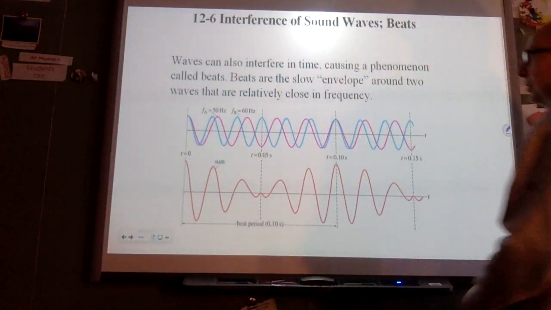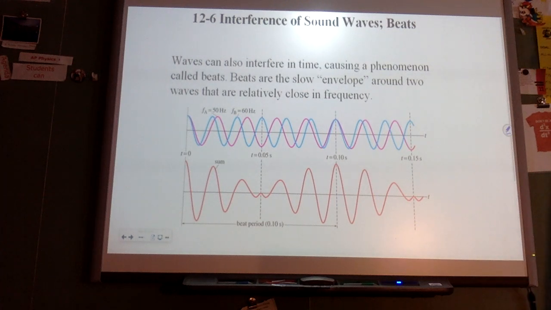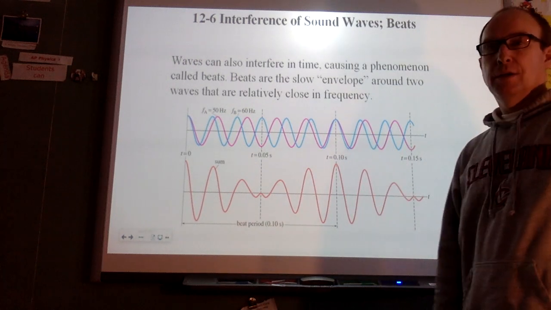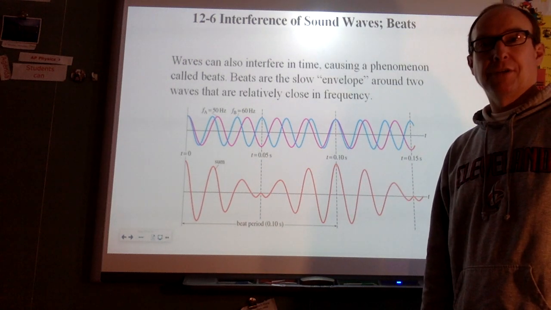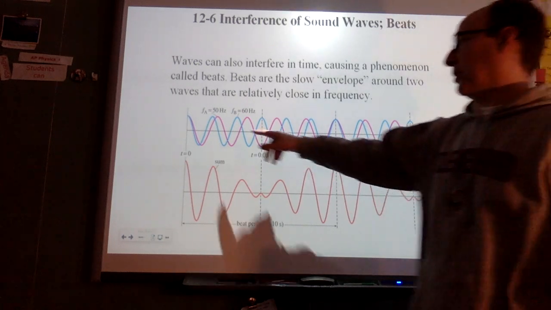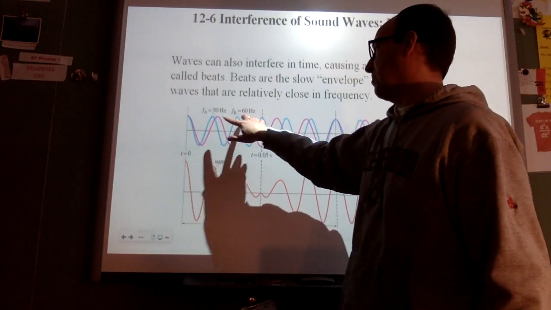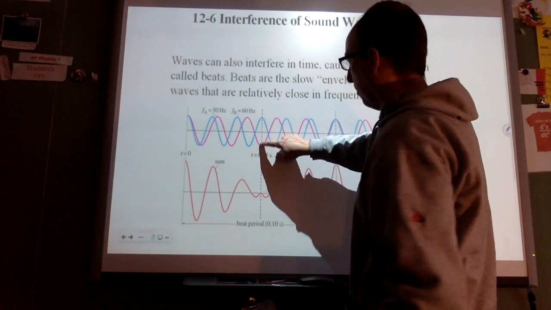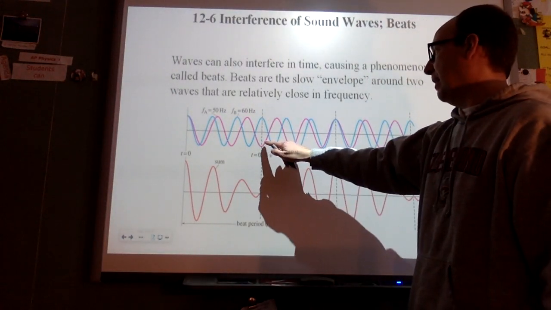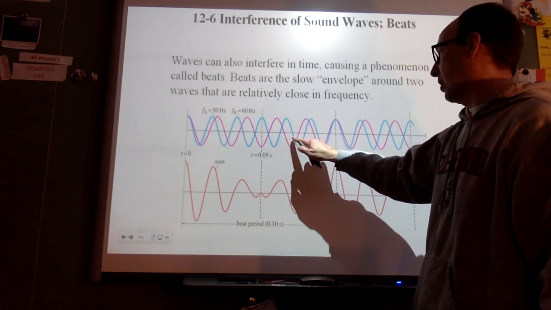So what is this going to look like? And again, we're drawing a transverse wave to show something that's actually a longitudinal wave, which is frustrating to me. But you can see that they start off close together and then they're spreading apart. At some point, they're going to perfectly cancel out. And then as they cancel out, they're going to come back together.